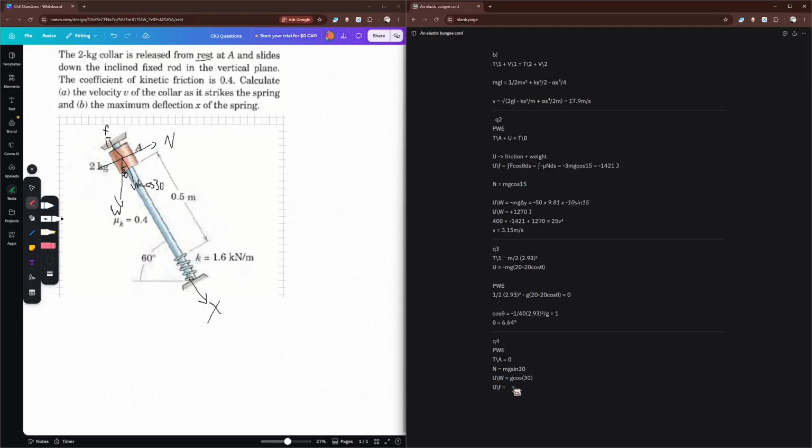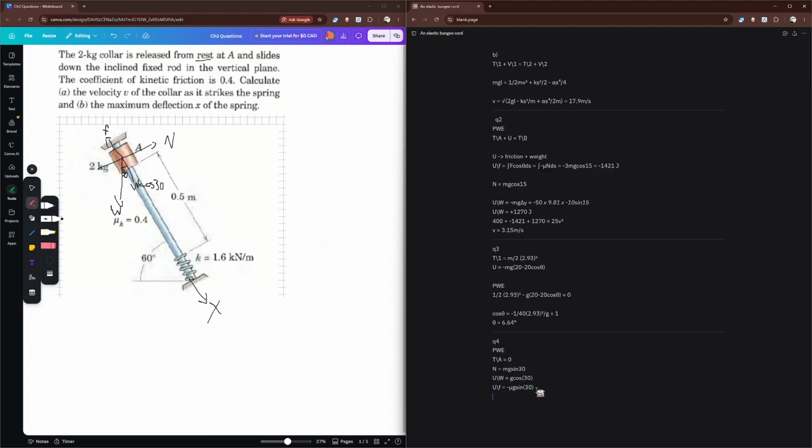So we would have negative mu, which is 0.4. We get n and 0.5. And then we replace n with mg sine of 30. And then we know that m is 2, so we can just get rid of the 2 and the 0.5 because of that. So there you go.